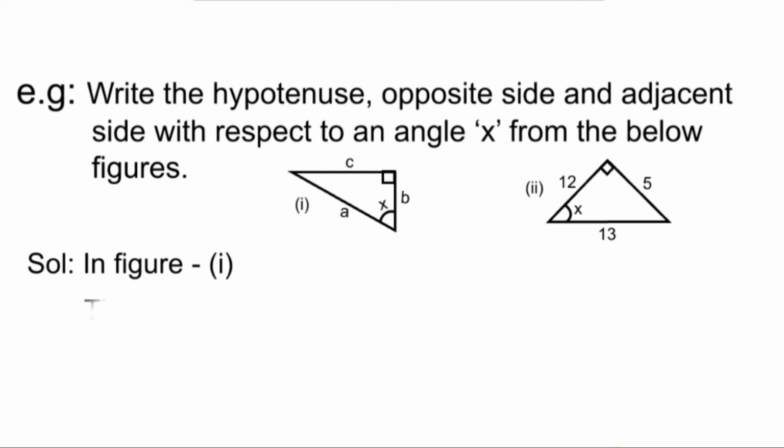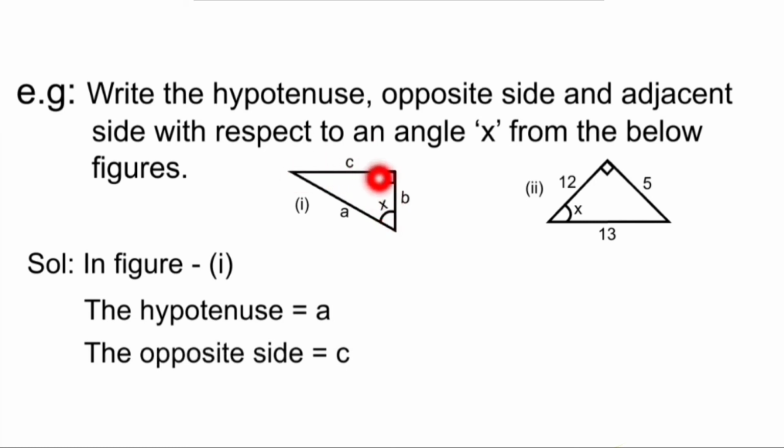So the hypotenuse is equal to A. Next, the side opposite to an acute angle x is known as the opposite side. So the opposite side is equal to C. Next, the side which is next to an acute angle x is known as the adjacent side. So the adjacent side is equal to B.